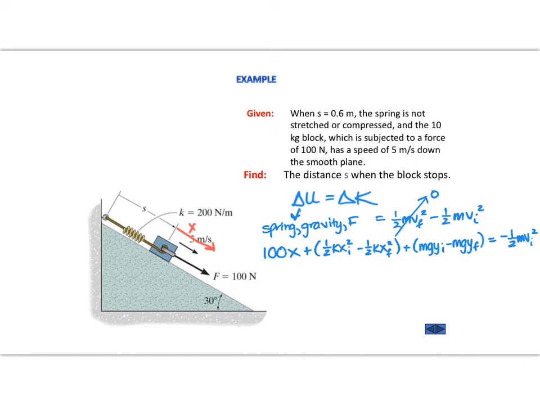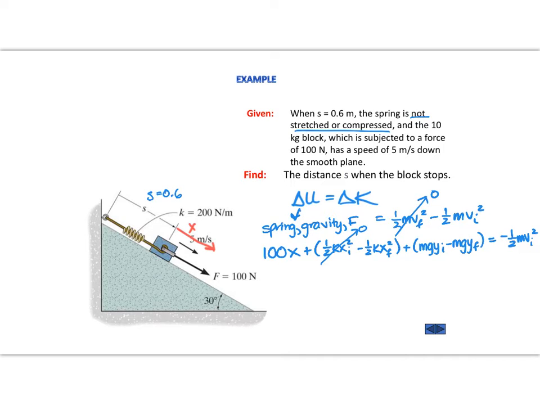For this, what we could say is the initial stretch of the spring is 0, because we're told that at this distance of s equals 0.6, it's not stretched or compressed, so there's no spring energy in that term, so we only have whatever it is in the final position, which is just our x.